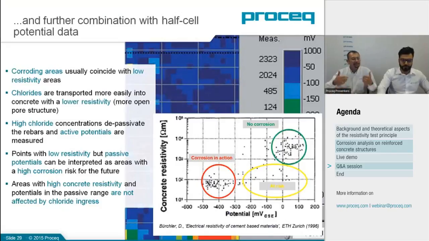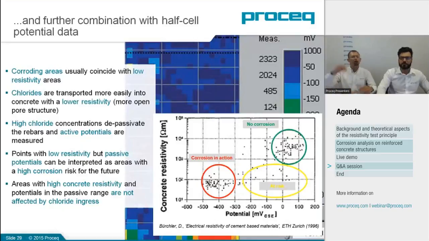Now, what statistically is bound to happen is that low resistivity areas are more likely to have corrosion. So statistically speaking, they will be accompanied by very negative potential. On the contrary, statistically speaking, high resistivity areas are less likely to promote corrosion. Hence, we will have fewer chances of seeing very negative potential. But we have to look at them together.